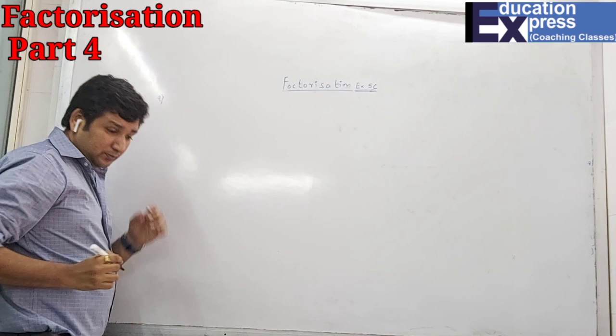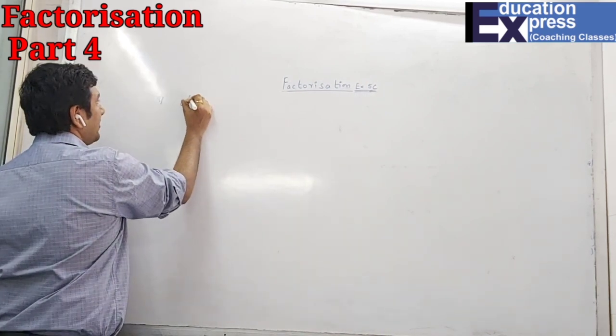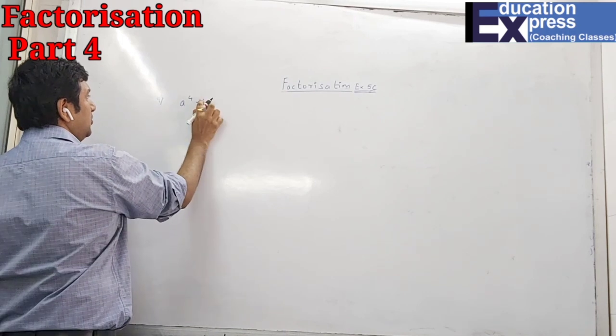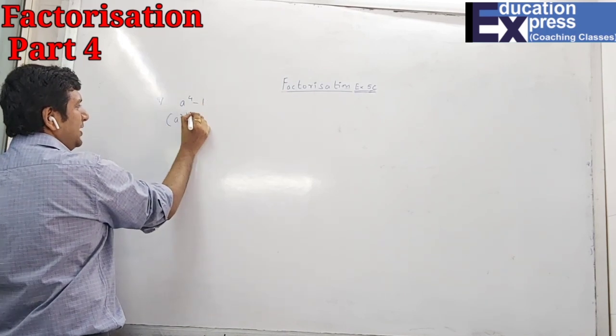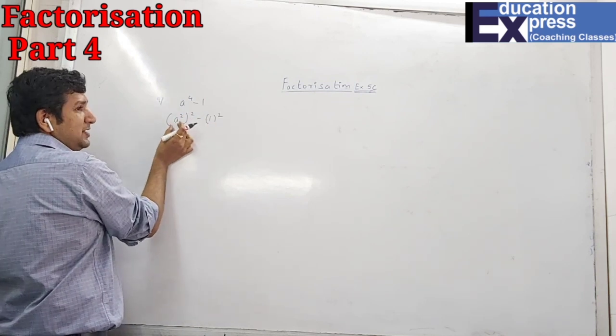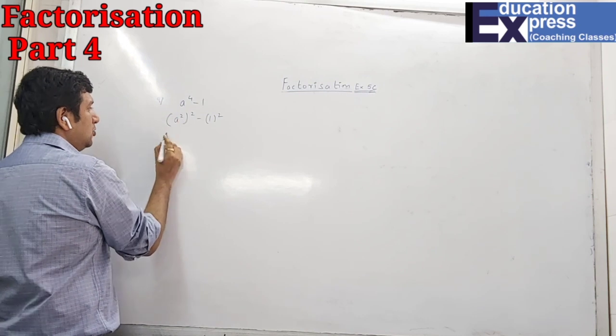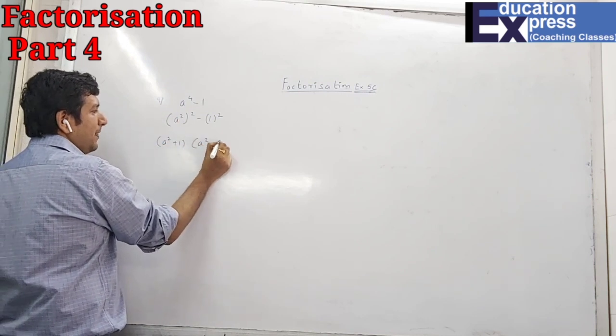Question 9. a⁴ minus 1. So now you can see over here, this a⁴ is the square of a², and this is 1². So a² minus b², put anything inside bracket as A. So (a² + 1)(a² − 1).